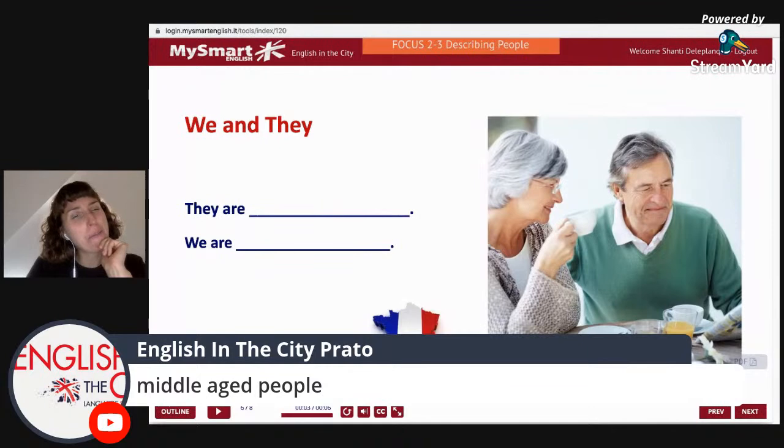I don't know. Are they middle aged or are they old? This is difficult. They have white hair, but maybe they are middle aged. Okay. I would say probably that they are old. They are grandparents.